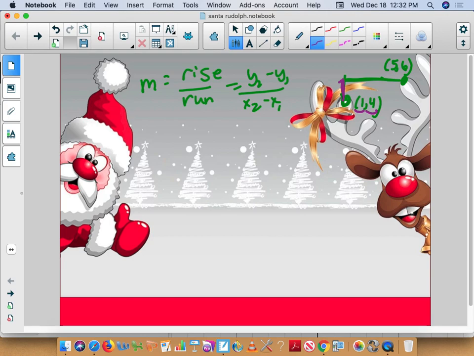The x or the y? The y. And so I went up from 4 until I'm level with 6. Do y'all see that? So how many units did I go up? 2. And then I went across how far? 4. From 1 to 5. Oh, okay, so I went 4. Yeah, you're right.